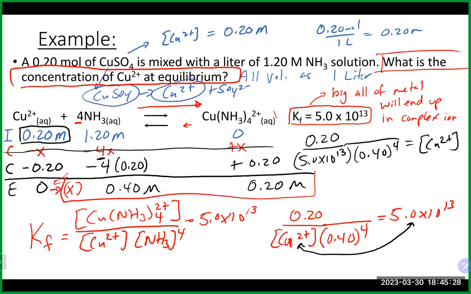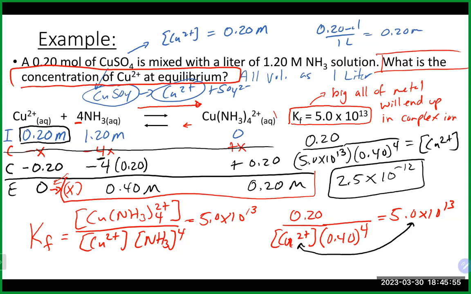So if we go and solve that, that's going to be 0.2 divided by 5 times 10 to the 13 divided by 0.4 to the 4th. That gives us here basically 2.5 times 10 to the negative 12 as our copper concentration.